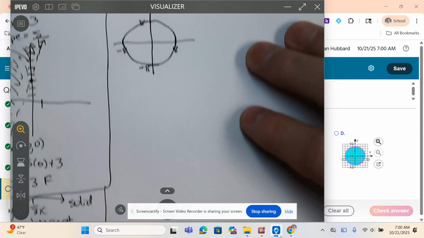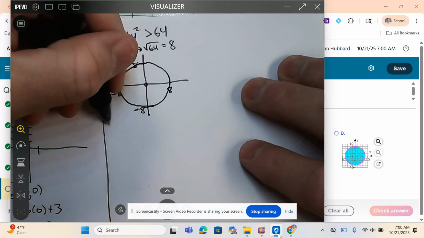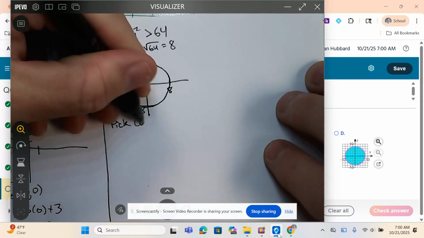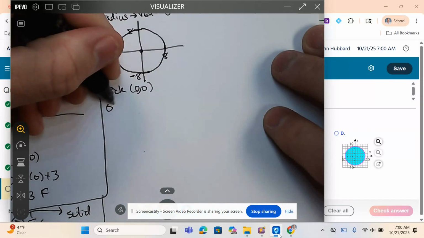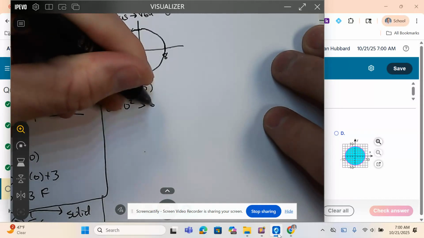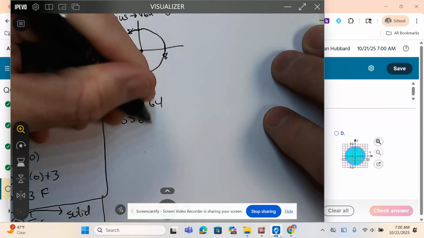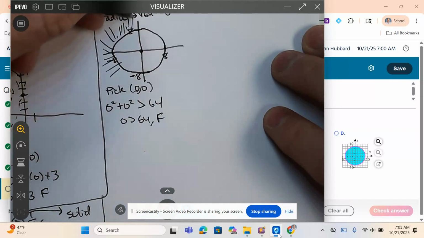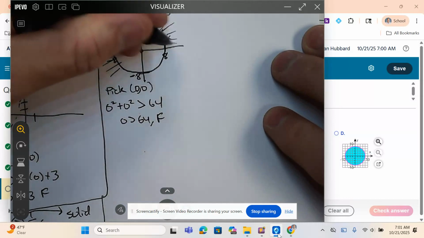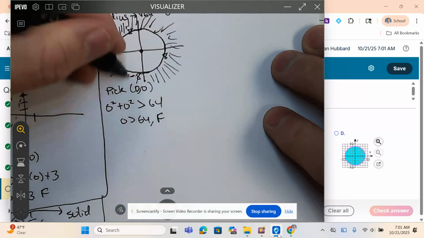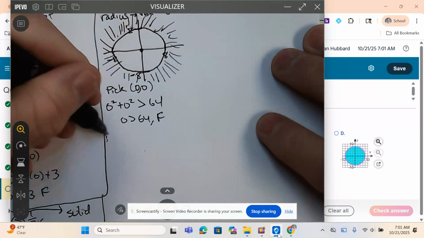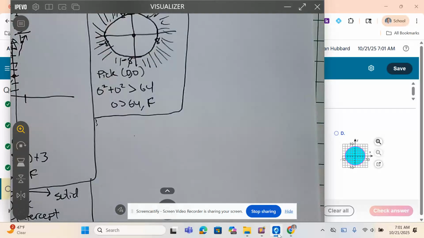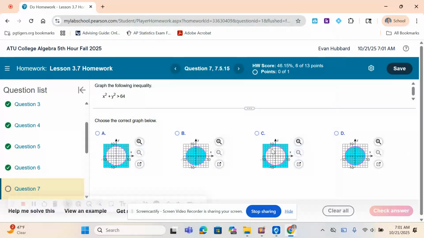So radius of 8, okay? Now, I'm going to plug in a point. I'm going to plug in 0, 0 and see if 0, 0 makes this true. Is 0 squared plus 0 squared greater than 64? Is 0 greater than 64? That's false, so I'm going to shade on the outside, the opposite part. So the answer here will be a radius of 8 shaded on the outside, and it is dashed.